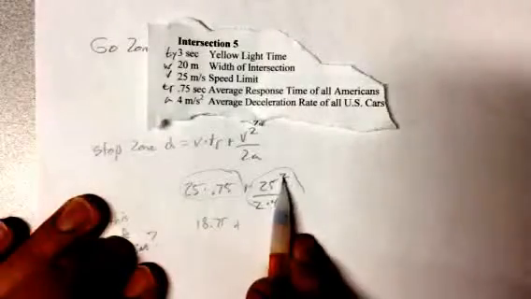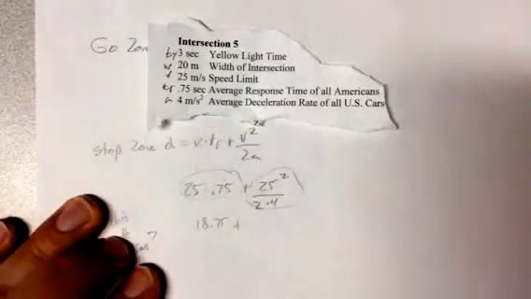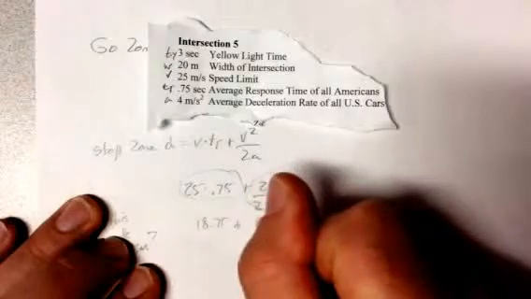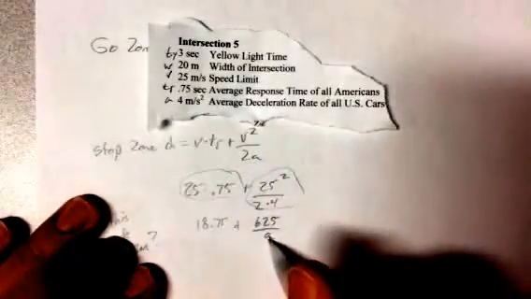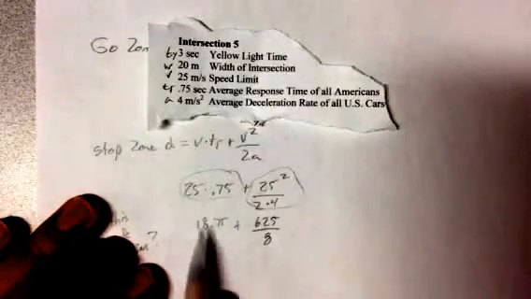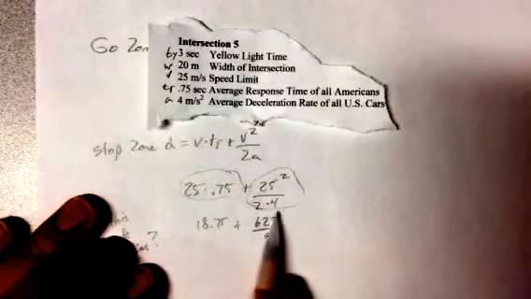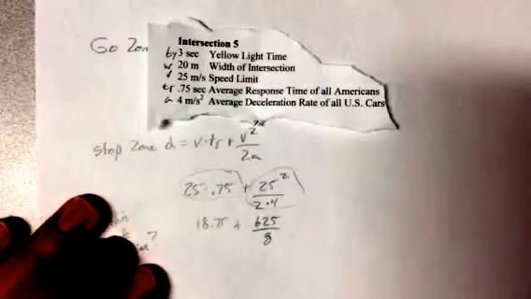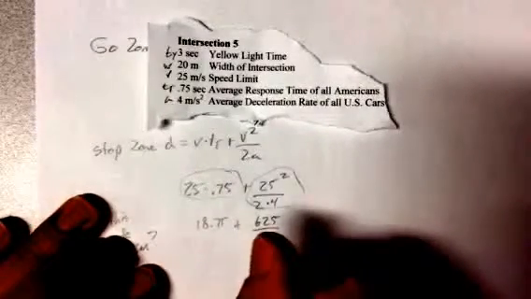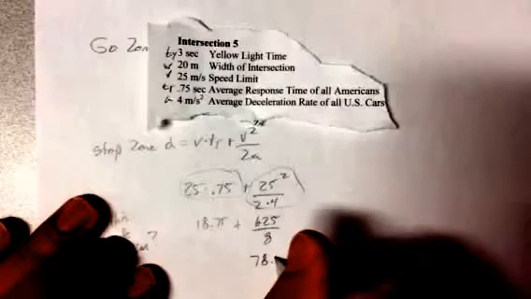So we have to do the 25 squared first. And that gives me 625 over, or divided by, 2 times 4, which is 8. Again, before we add these 2 problems up, I need to do the division here. I need to do 625 divided by 8. And I hit enter on my calculator, and I get 78.125.